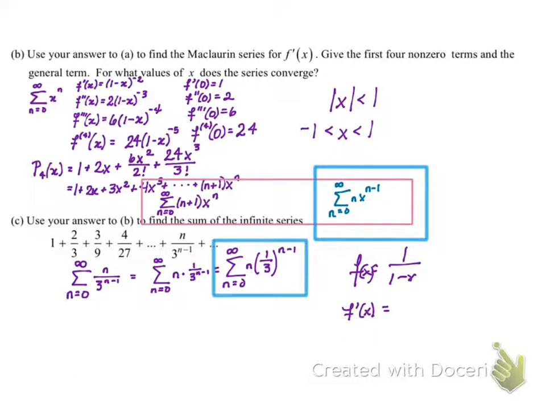Because I'm a weirdo and I can't stand quotient rule, I'm going to rewrite this as 1 minus x to the negative 1. So f prime of x would be 1 minus x to the negative 2. And what we're actually looking at is f prime of 1/3.